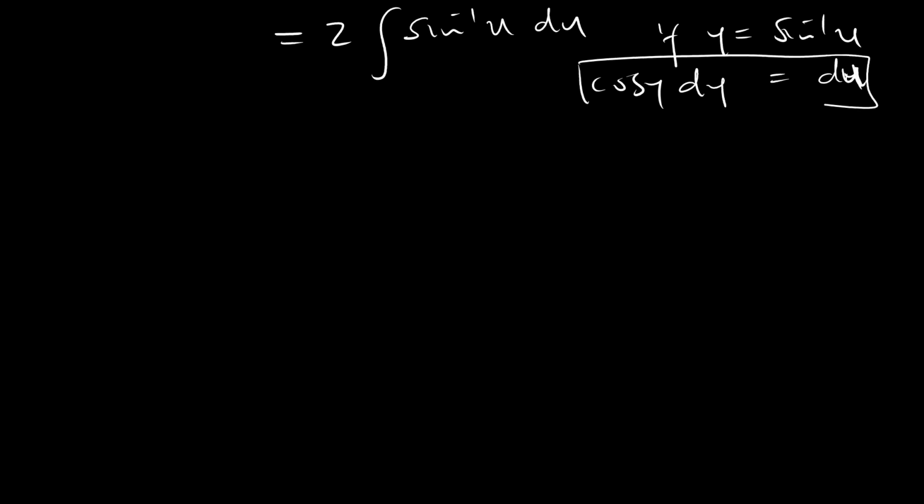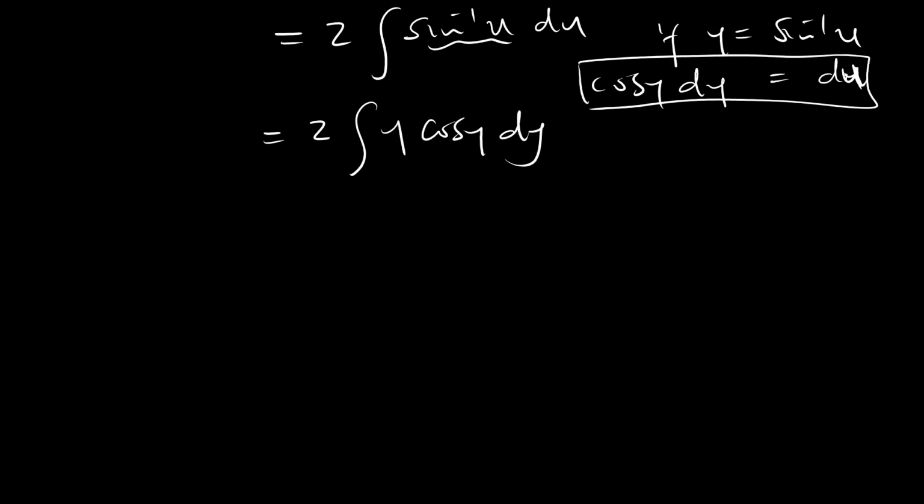Since we had come to that point, our problem now is twice the integral of y, where du is cosine of y dy.